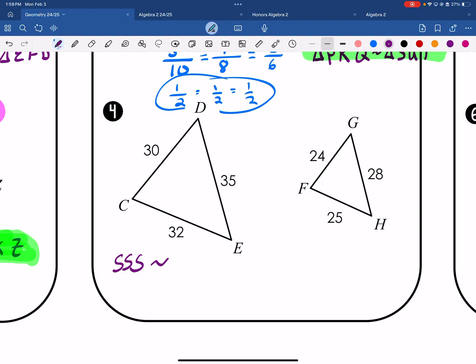So I just go left to right. I look for the largest one. The largest one is 35. What's the largest on the other one? Or the longest on the other one? 28. Now I'm going to reduce that. They're both divisible by 7. So that's 5 over 4.